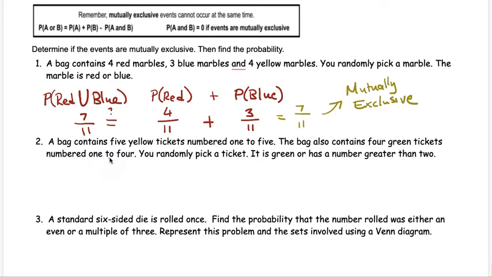Notice that 4 of the yellow tickets are labeled 1 through 4, and 4 of the green tickets are labeled 1 through 4. So it is green or has a number greater than 2. You can get a number greater than 2 on both yellow and green tickets, so this is definitely not mutually exclusive. We can determine first of all that this is not mutually exclusive, and we'll prove it.